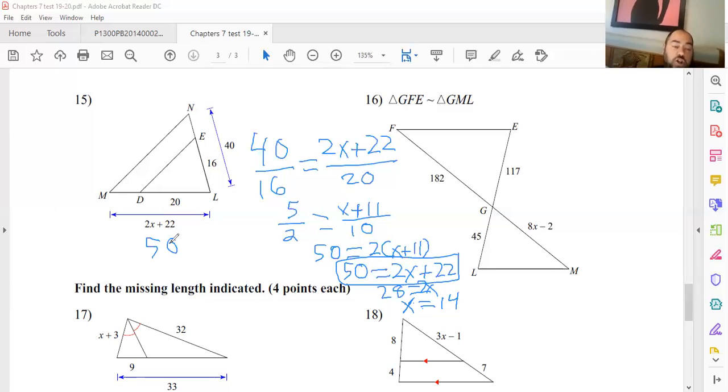So here we know that GFE is similar to GML. So what we're going to do is set these up. Make sure you do it right. So GF, notice the GF right here, those first two, has to be set up opposite GM.